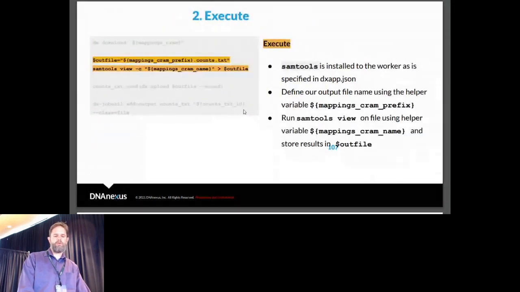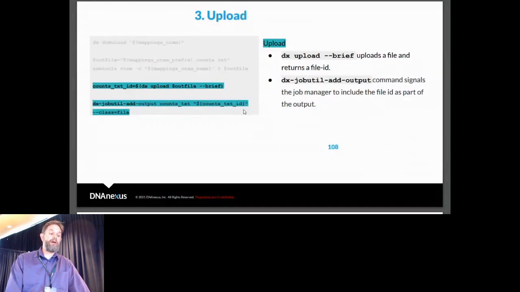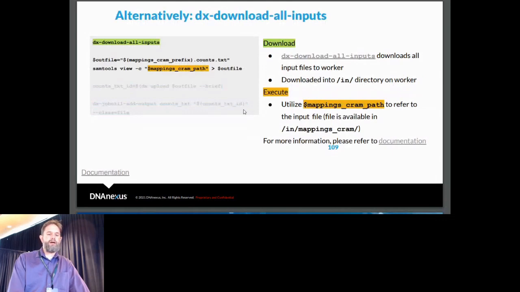I went through this before, but to go through it a little more explicitly, you're defining your output variable, and then you're running with a helper variable and storing the results. There's a template already there for you, so you don't have to redo these input and output things. Just put in your variables.